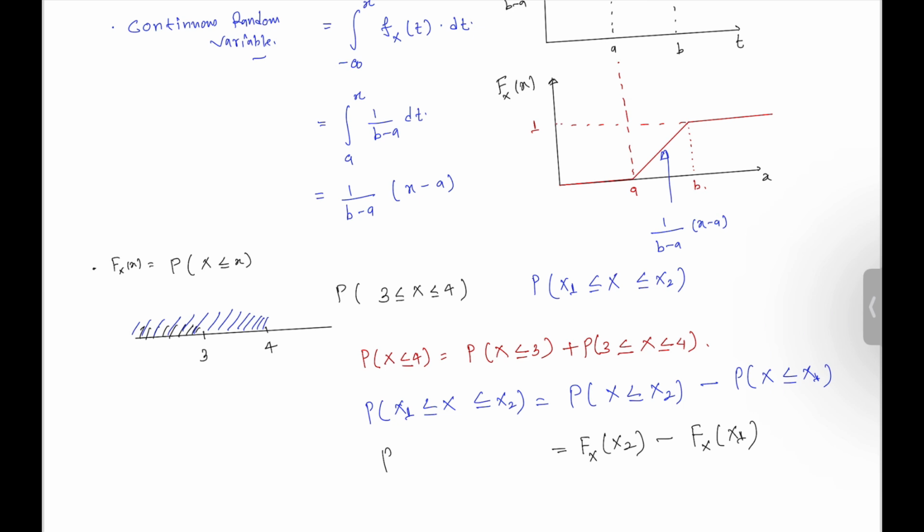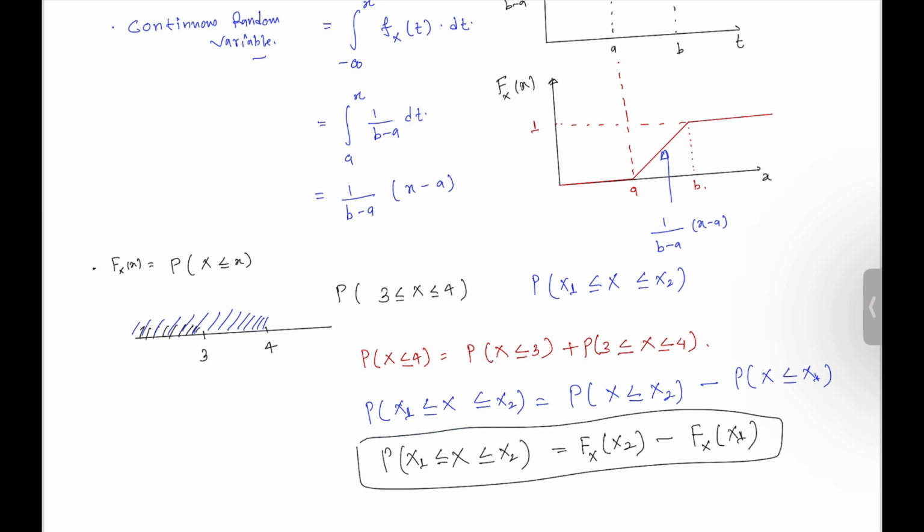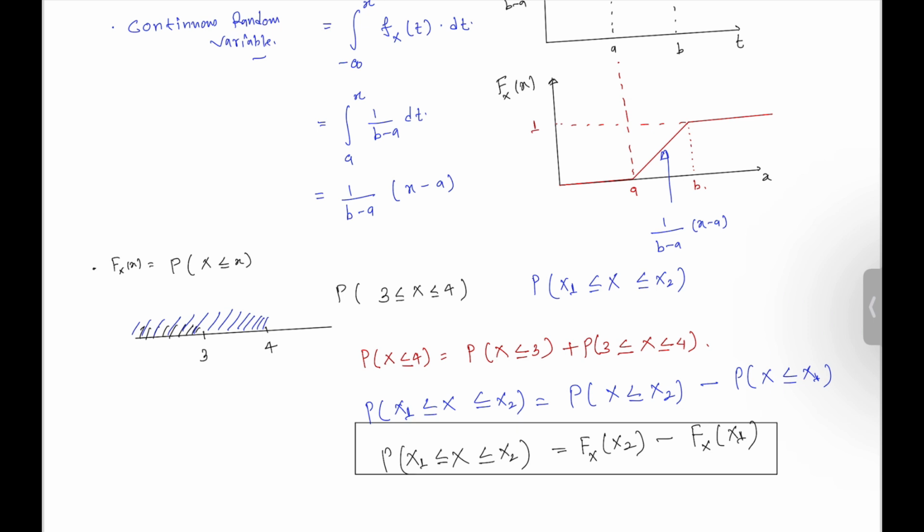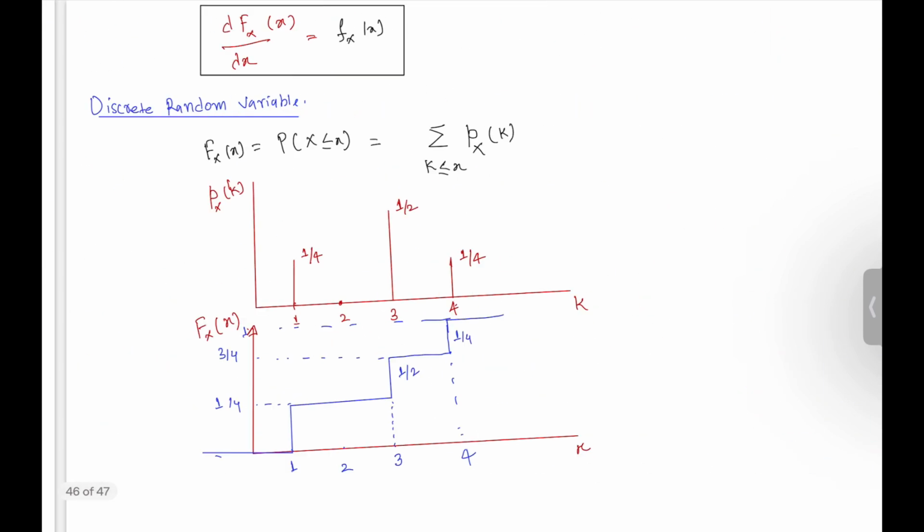So if you are given the CDF, you can find the probability of any general interval. You can consider this as a property, but you can also see it as the usefulness of the CDF, right?